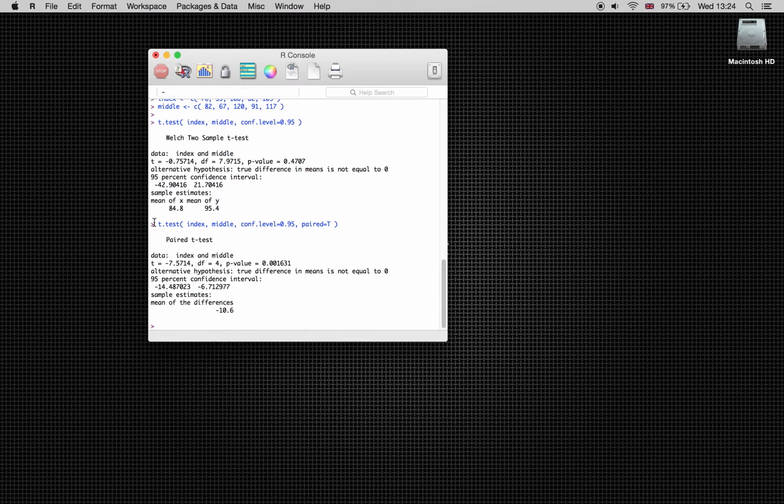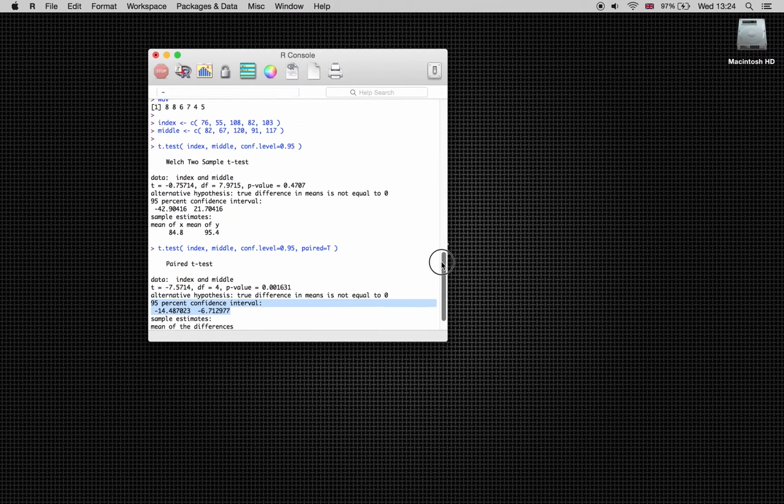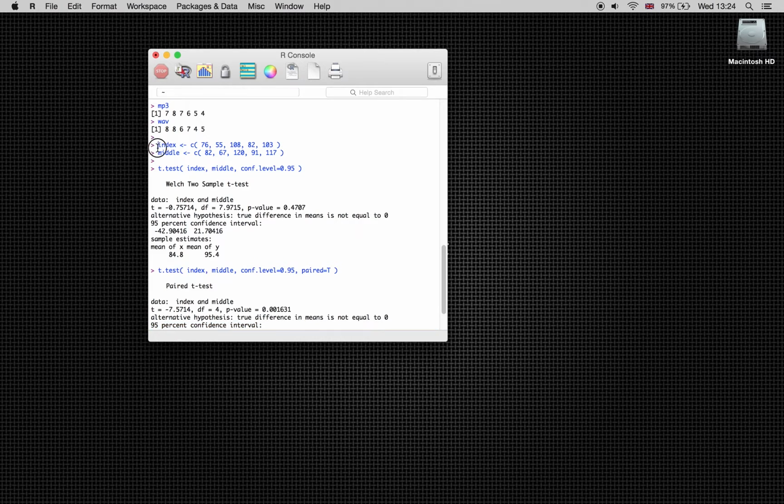Right, so we now do a paired t-test, and we find that our 95% confidence interval is between negative numbers. So 0 is not included here, and therefore we say that even given the small amount of data we have up here, there is a statistically significant difference between the lengths of people's index fingers versus their middle fingers.